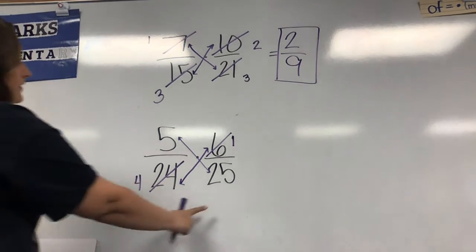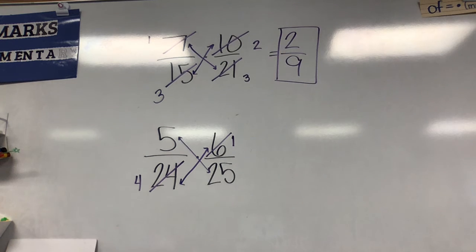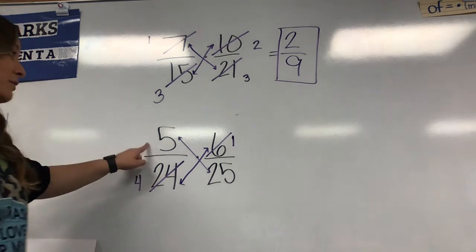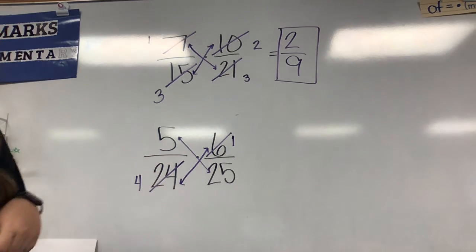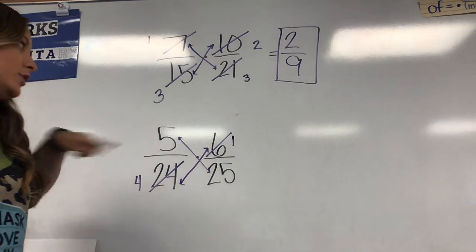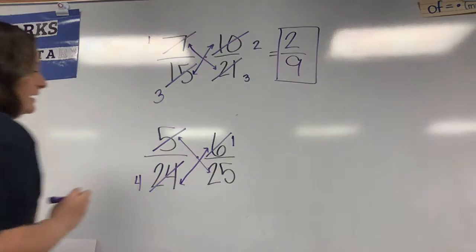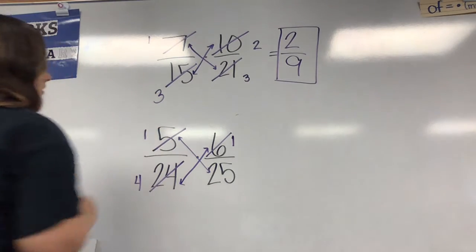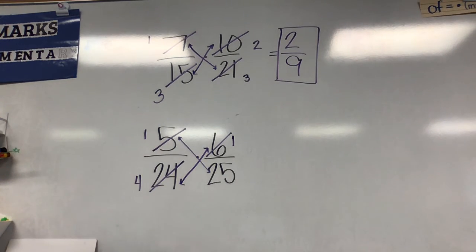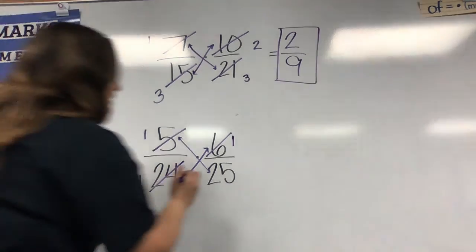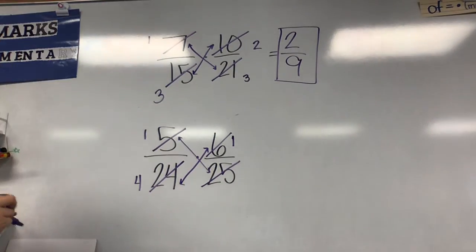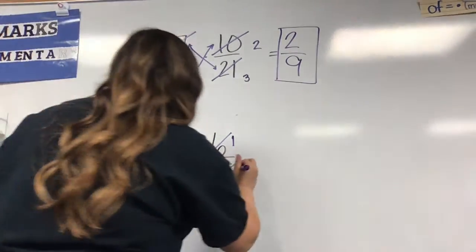Now I have 5 and 25. Well, I know that 5 can actually go into 25, and I know 5 can go into itself, so I'm going to use 5. 5 divided by 5 is 1. Remember, anytime a number is divided by itself, it's 1. 25 divided by 5 is 5.